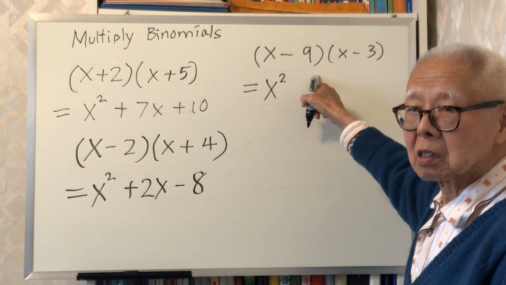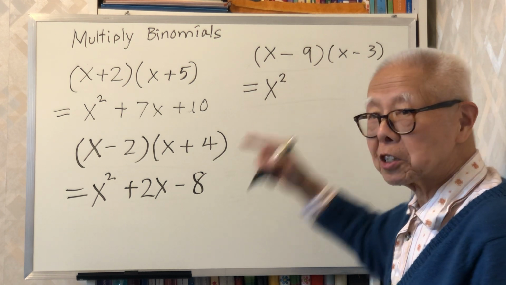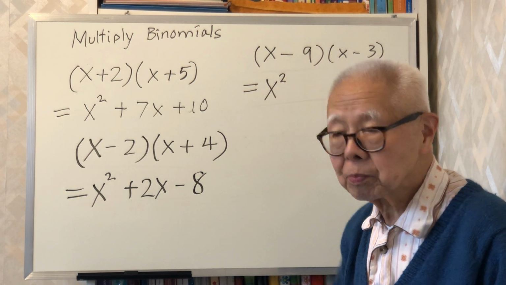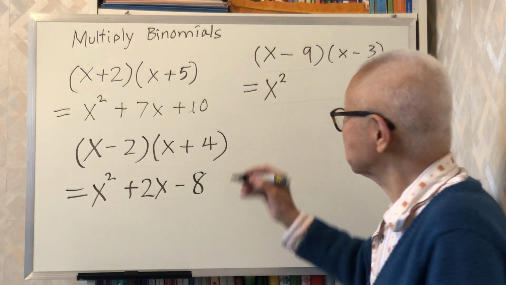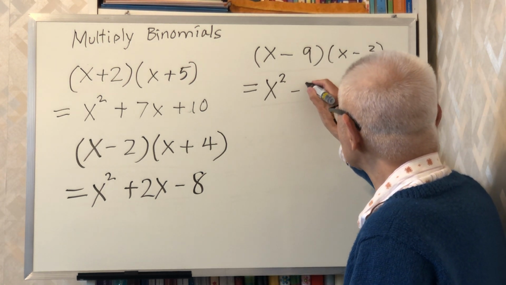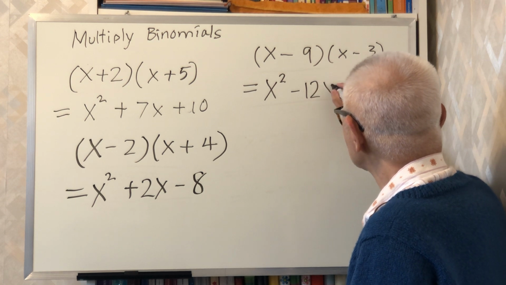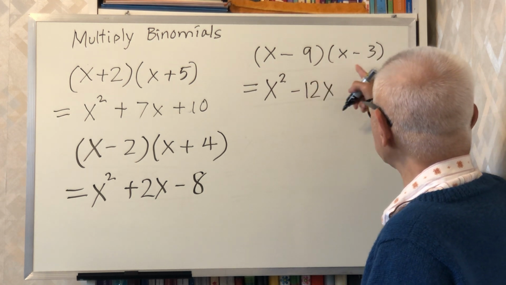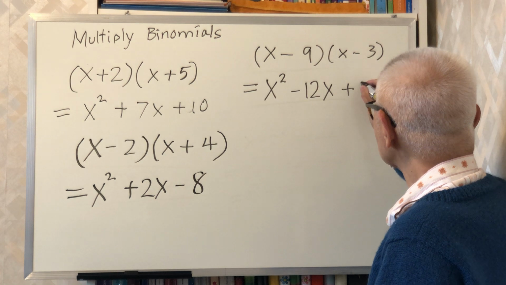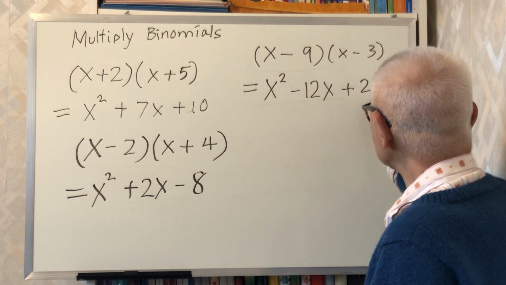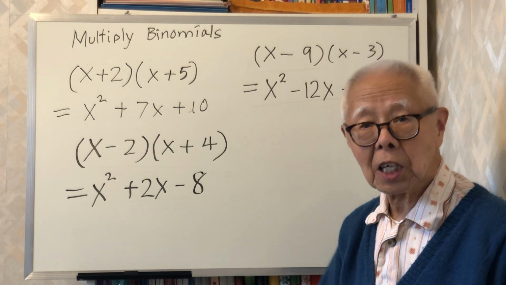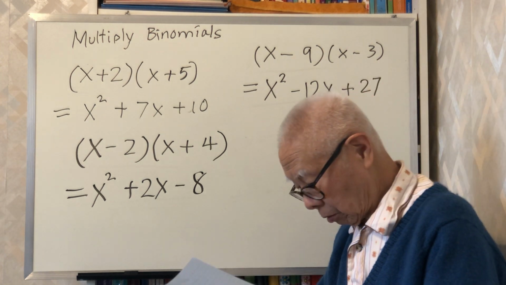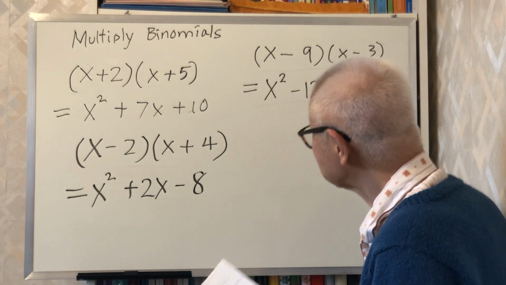Minus 9, minus 3, put them together. Minus 9 minus 3 is minus 12. Then you multiply. Minus 9 times minus 3 is positive 27. That's it. Okay.